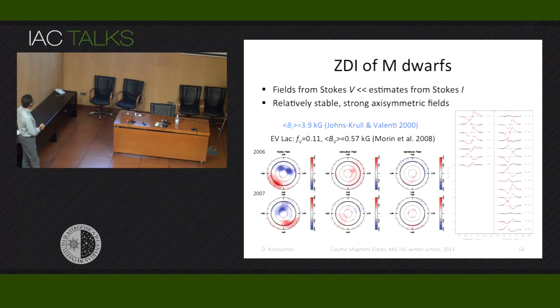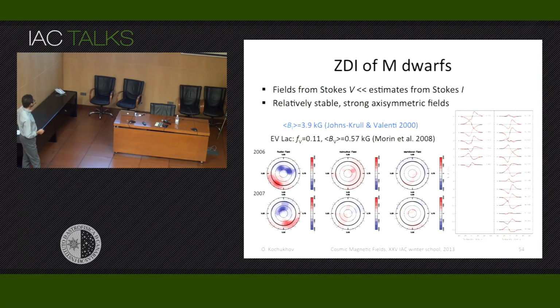But at the end, the field that they infer from Stokes V is just 0.6 kilogauss, whereas for the very same star, it's again CV Lac, we have 3.9 kilogauss average field from Stokes I. So there is this systematic, and for other stars this difference is observed as well. Broadening and splitting of Stokes I gives a much higher field than interpreting polarization in Stokes V.